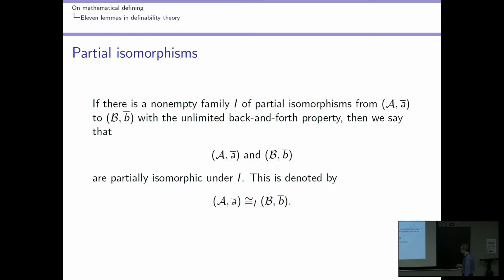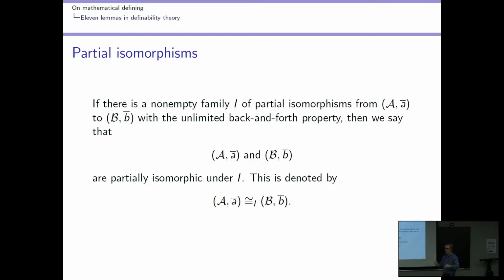So in first order definability theorem, the problem in many cases is to construct an appropriate isomorphism, a total isomorphism between structures. We want to construct some suitable isomorphisms between maybe models of some theory and so on. And the partial isomorphisms provide a technique of constructing global isomorphisms by approximation.